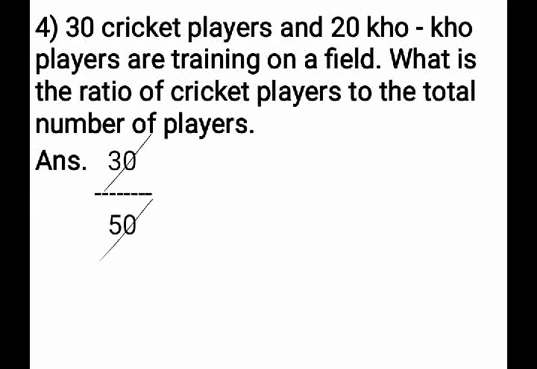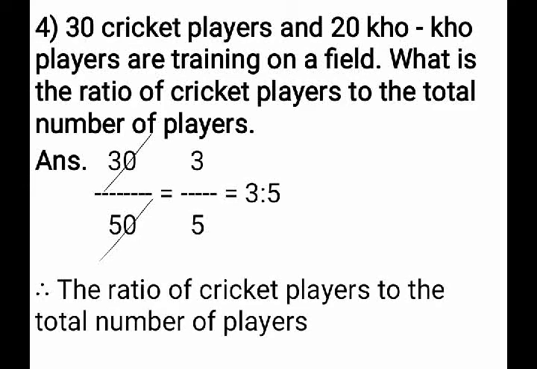So what is the answer? 3/5. You have to write the ratio form of 3/5. The ratio form of 3/5 is 3:5. Then the final statement you have to write. Therefore, the ratio of cricket players to the total number of players is equal to 3:5.